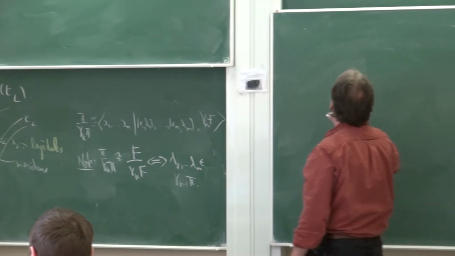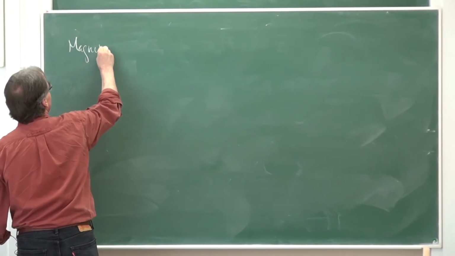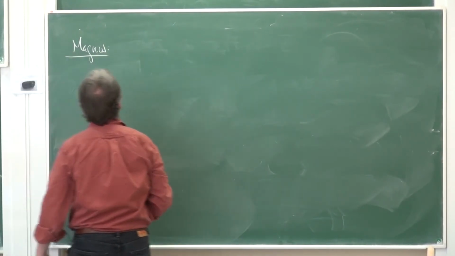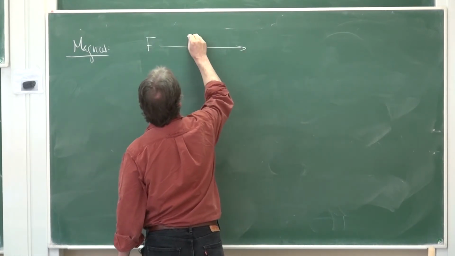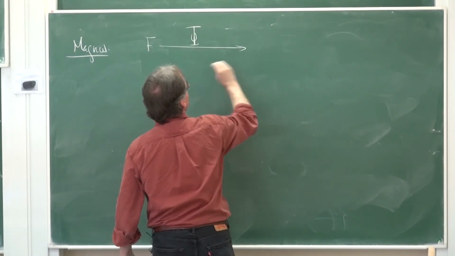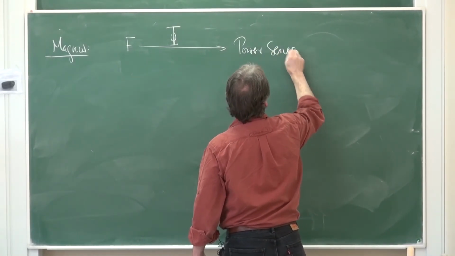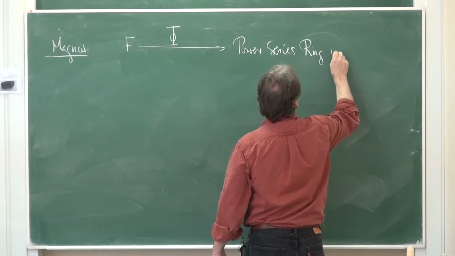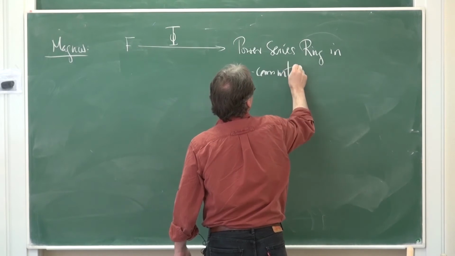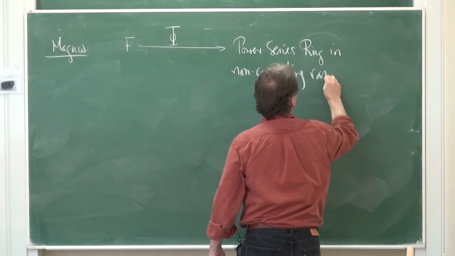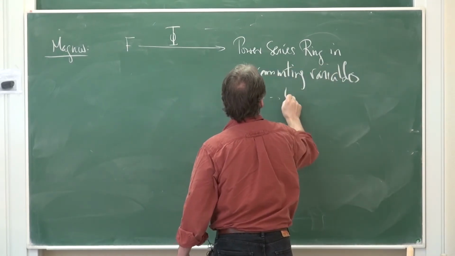So now there's the result of Magnus. Magnus had shown earlier that in fact there's a homomorphism from the free group, we'll call it phi, onto the power series ring in non-commuting variables, say T1 through Tm.